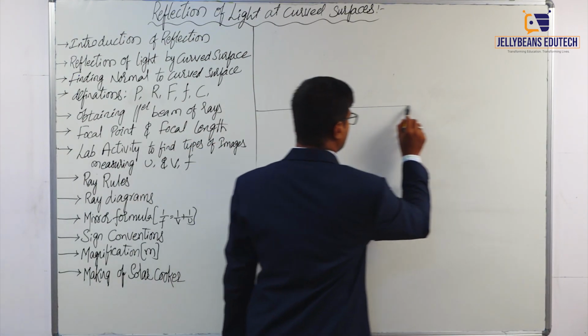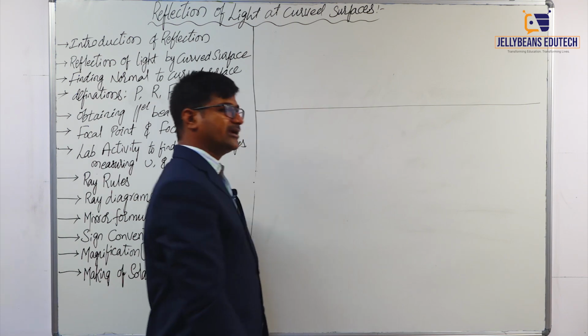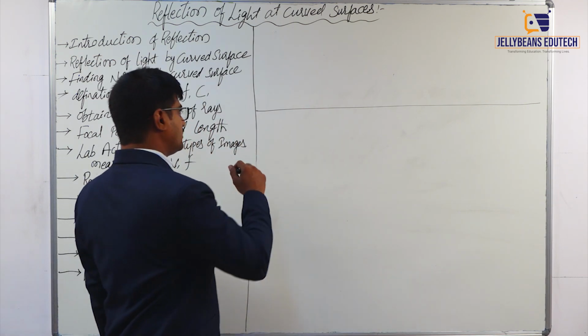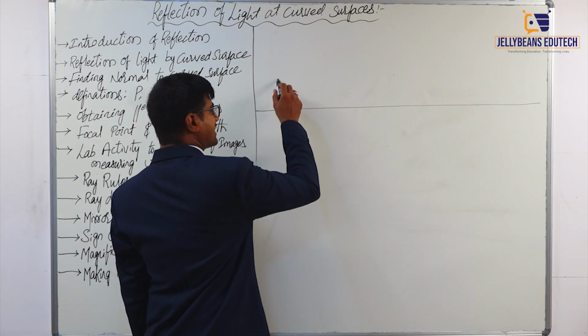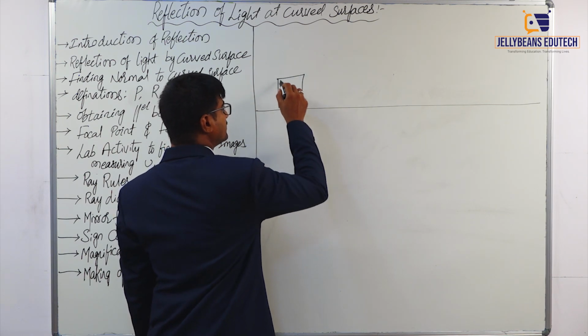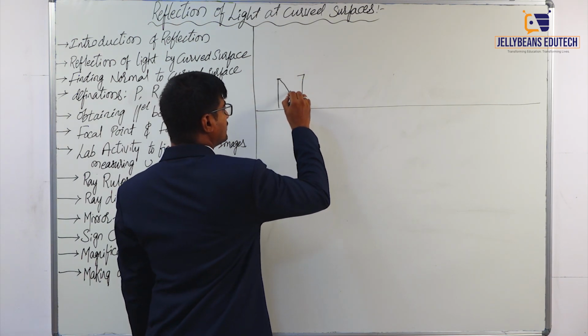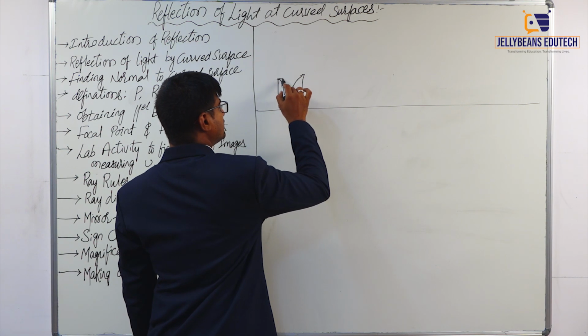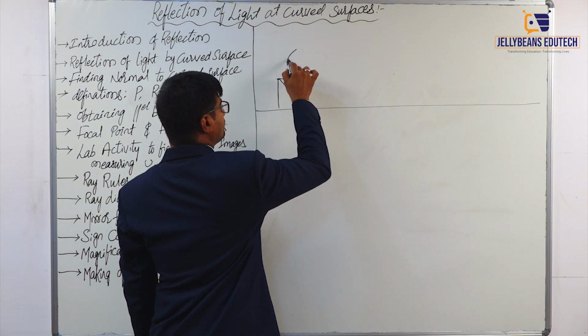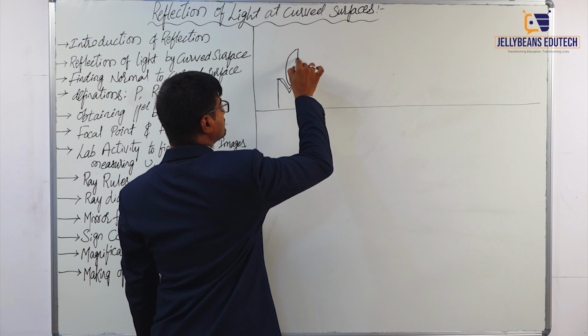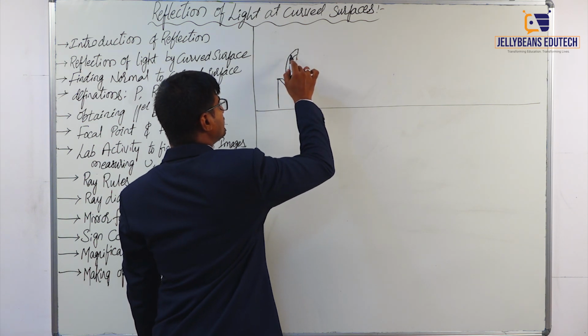So here I am considering the table. On the table, I place a V stand. This V stand is used to place the mirror. Here I consider this concave mirror.